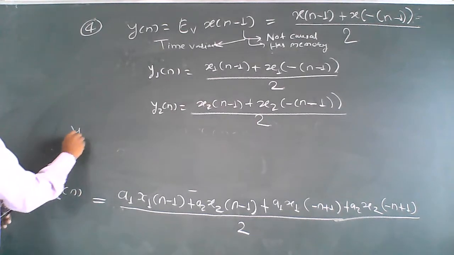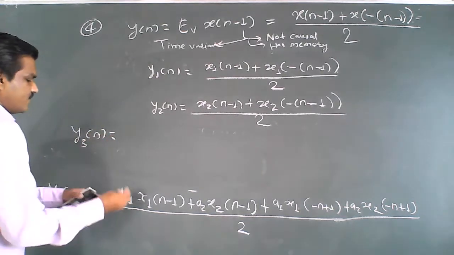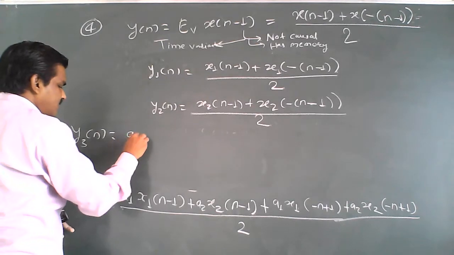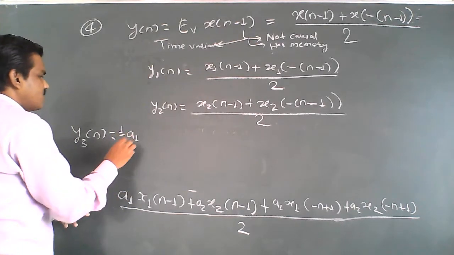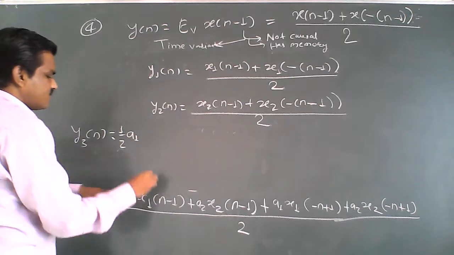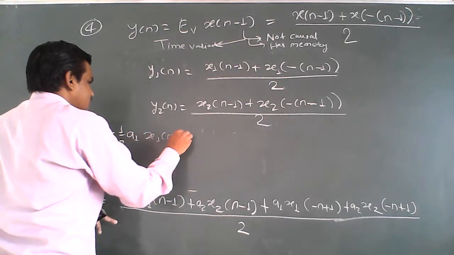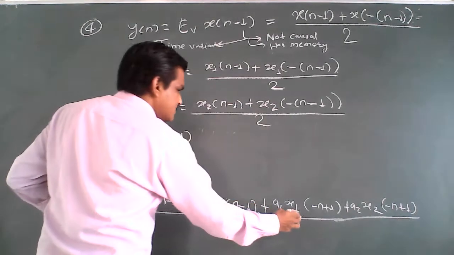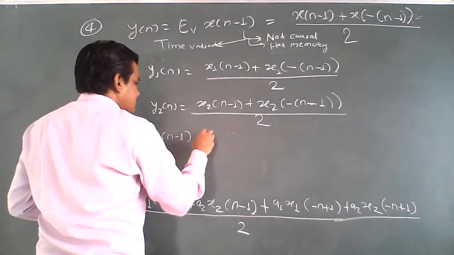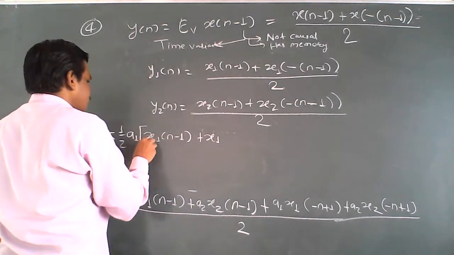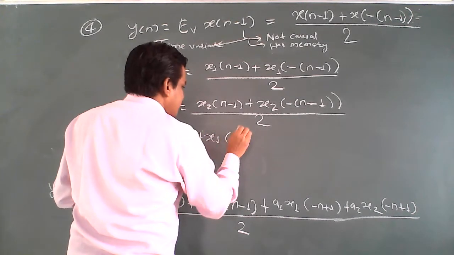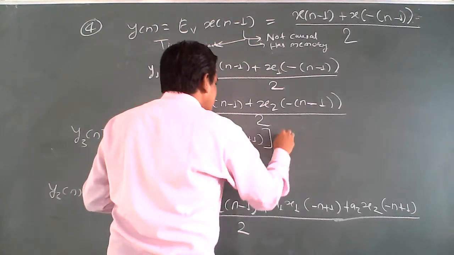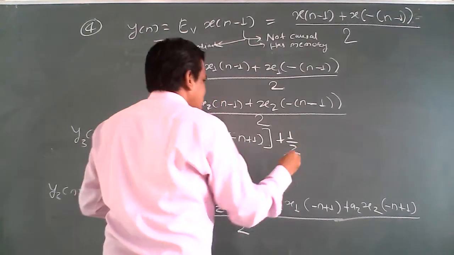So 1 by 2 I take as common, then a1 times x1 of n minus 1 plus x1 of minus n plus 1, plus 1 by 2 a2.